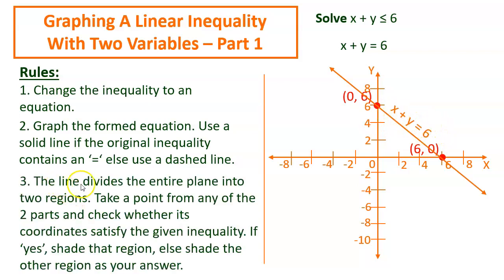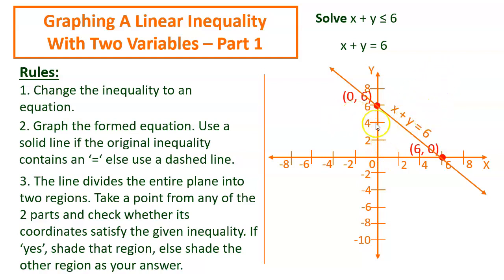Rule number 3. The line divides the entire plane into two regions. You may call this part the left part and that the right part, or you may call this region the region below the line and this the region above the line.